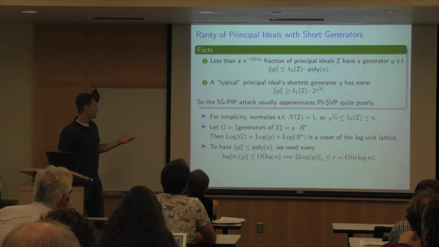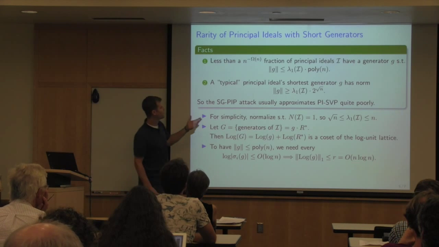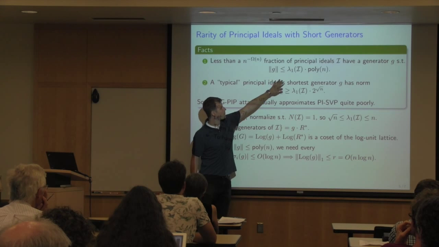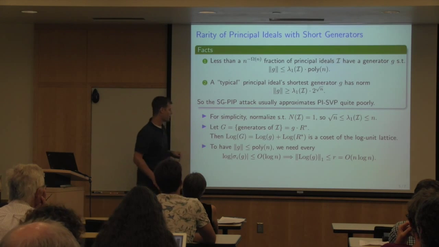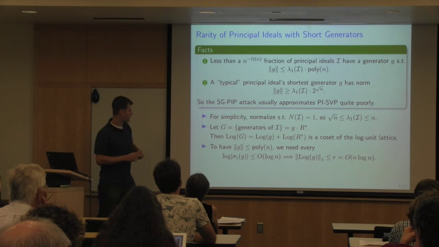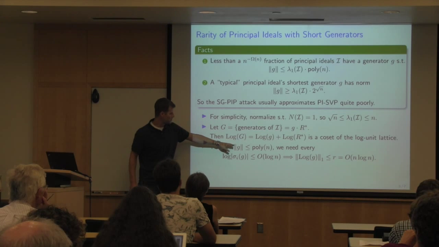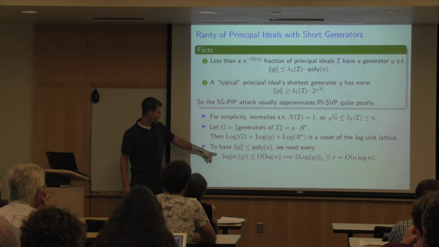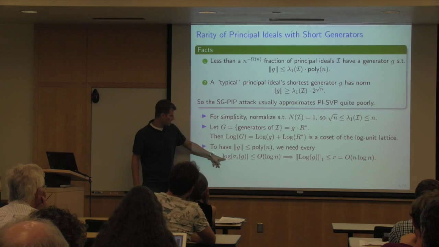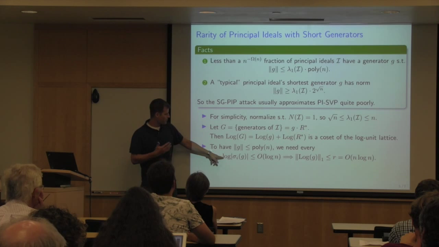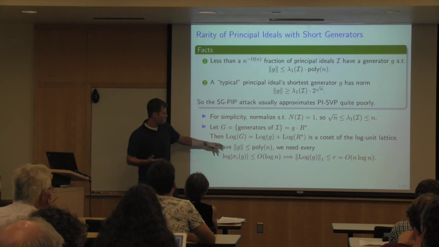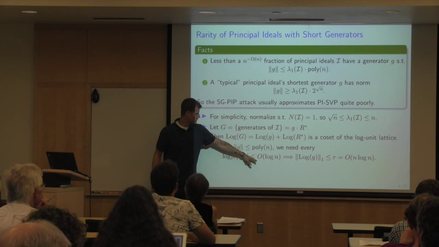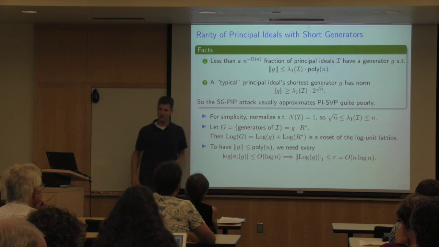And so now we can ask, okay, well, if we want to require that there's a vector, a generator G of this norm bounded by this norm here, then what we see is that if you want the Euclidean norm of G to be, say, polynomial in n, then what you need is for every one of the embeddings of G, you need the logarithm of all of its embeddings to be some c times log n, where c is the same constant as appearing in the exponent.